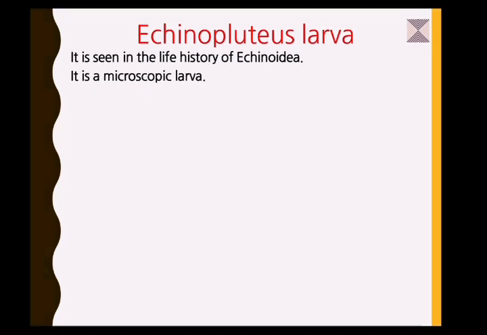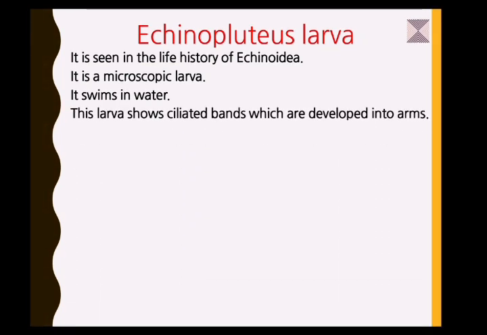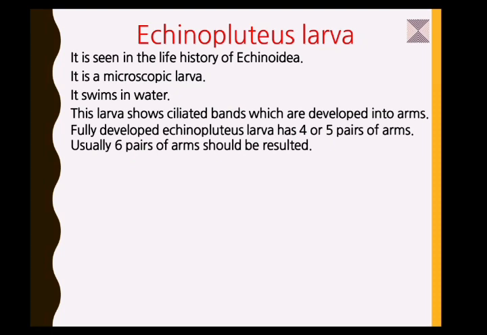It is a microscopic larva, very small in size, and it swims in water, as we have the ciliated bands also. This larva shows ciliated bands which are developed into arms. The fully developed Echinopluteus larva should have 6 pairs of arms, but they may have 4 or 5 pairs of arms in some cases.